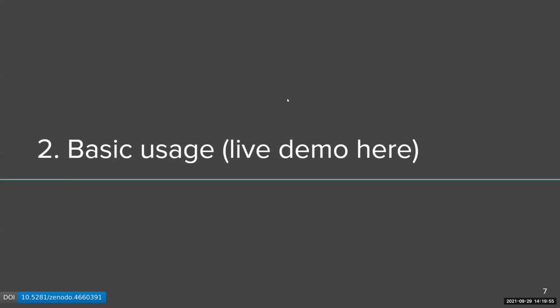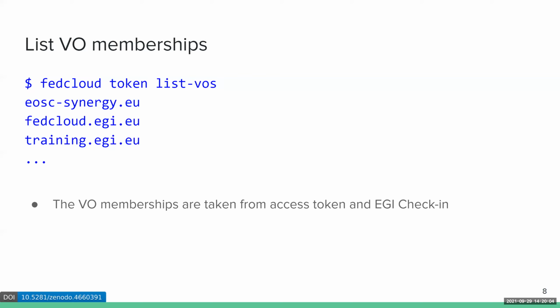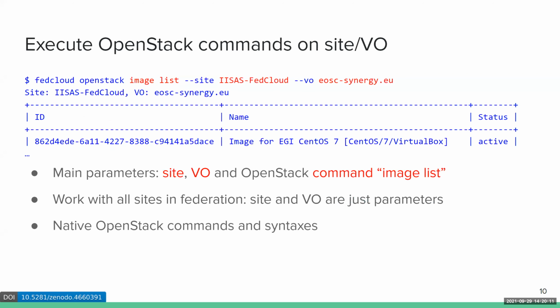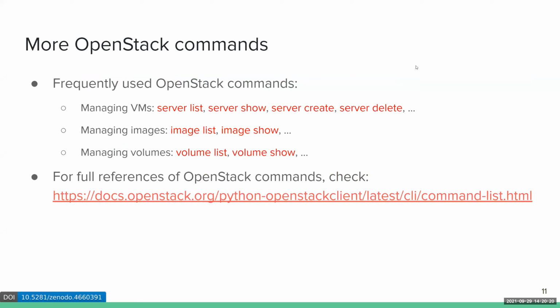So I hope you are seeing my presentation now in full screen. Yes. Okay, so this command, I have made a live demo: list VO membership, list available sites, access some OpenStack commands on every given site and VO. Here is a list of OpenStack commands that you may use with the same syntax.